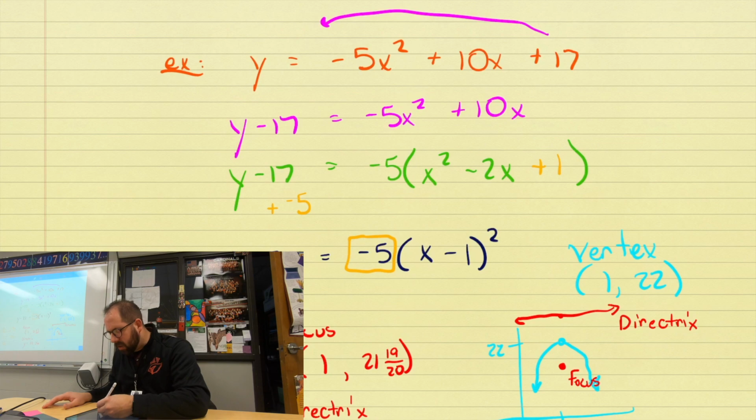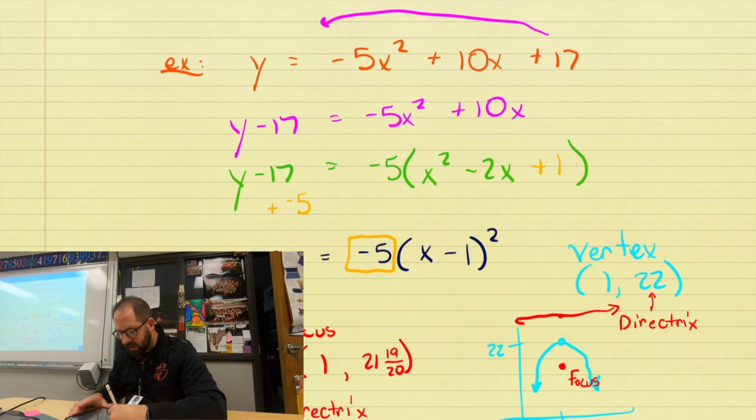If I went down 1/20th from here, think in terms of numbers, like the number 22 on a number line. If I went down, that's 21 and 19/20ths. And if I went down again by 1/20th, that'd be 21 and 18/20ths.